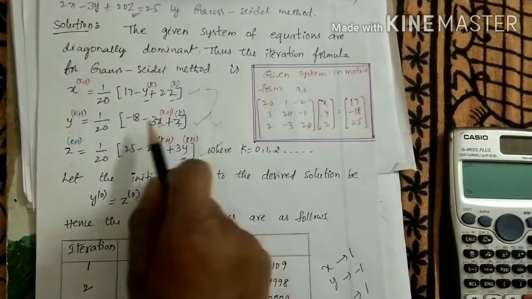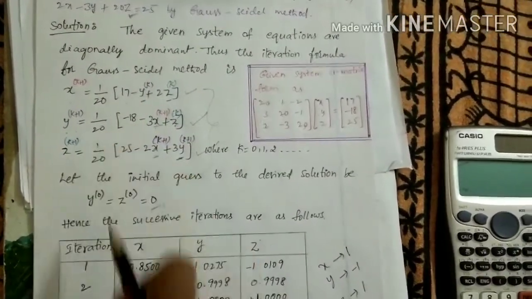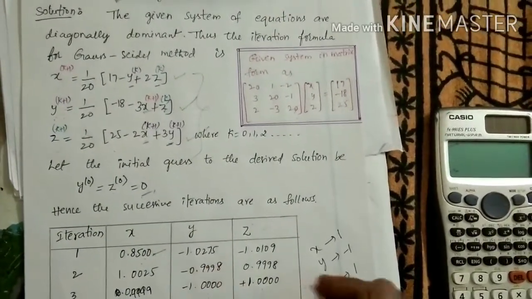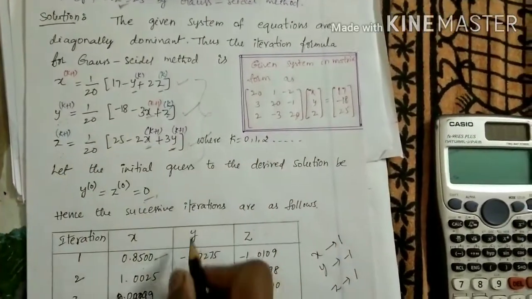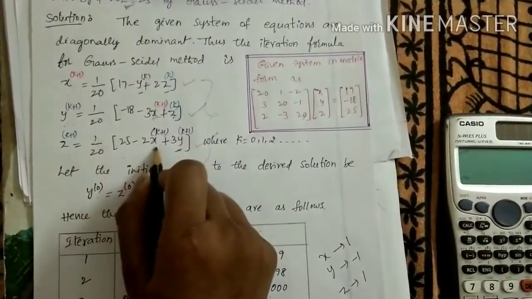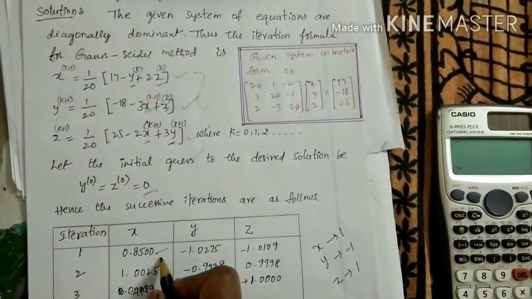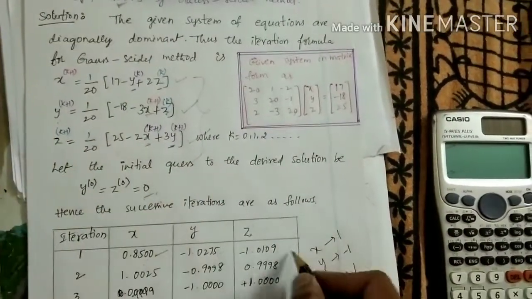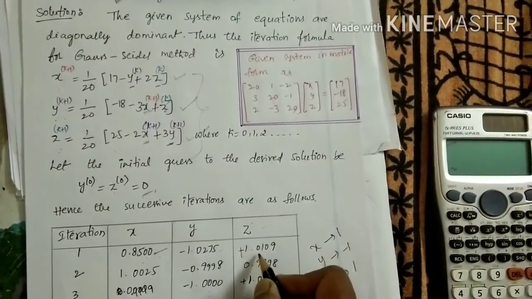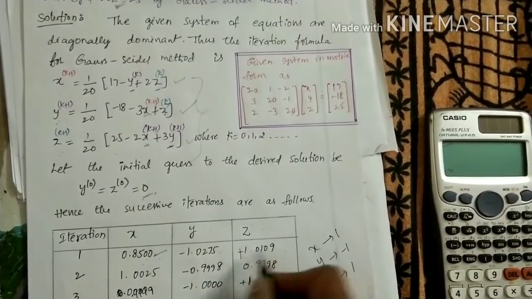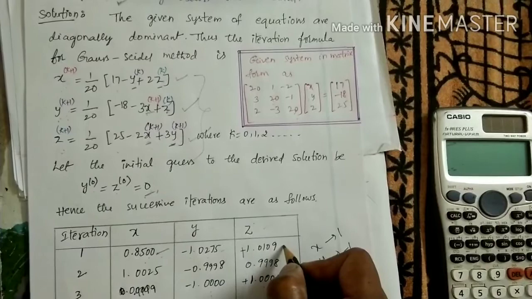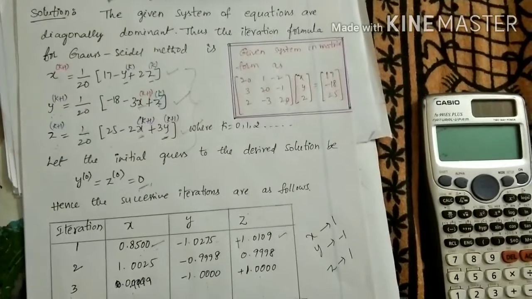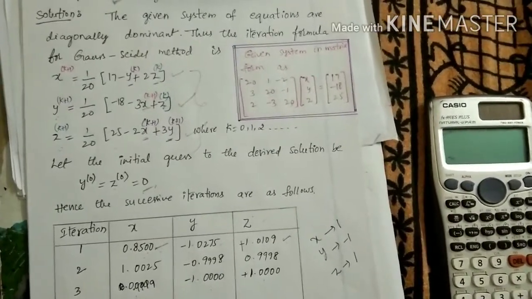By using the two values, we get the first iteration of y as -1.0275. So the first iteration of y has been obtained. In the next equation, the first iterations of x and y are used, so the first iteration of z is obtained as 1.0109. All these values are taken up to 4 decimal places by rounding off the values of x, y, z.